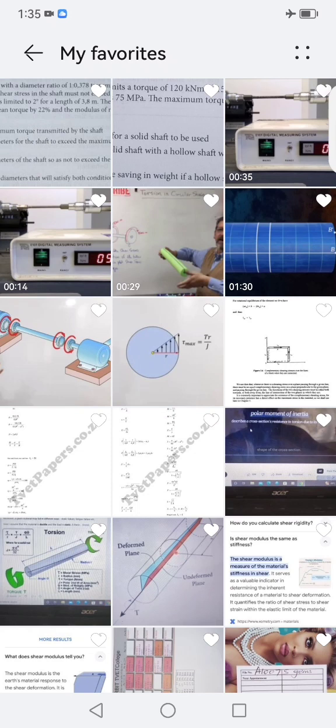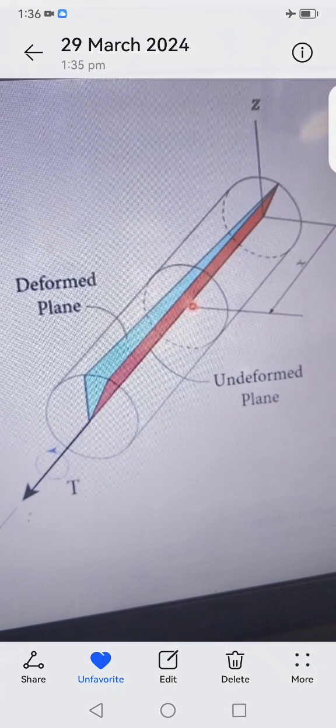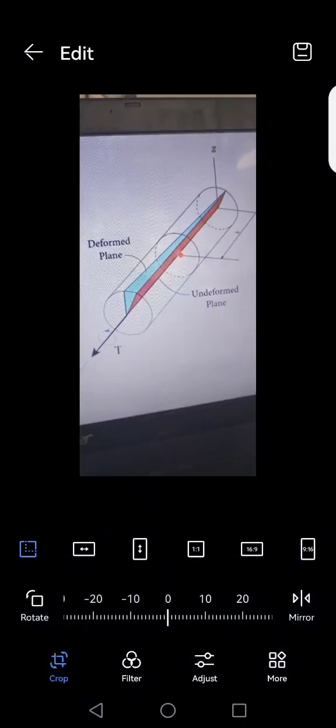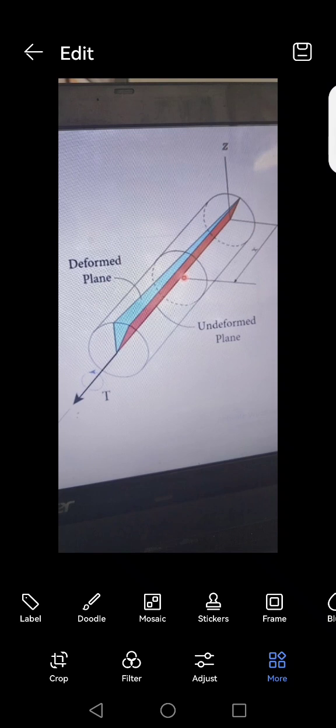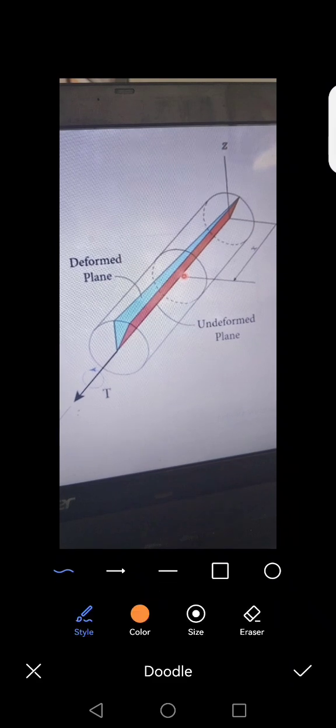Then we have to limit that movement, that change in shape, that deformation, because if this thing moves too much, from here up to there, it might end up breaking.